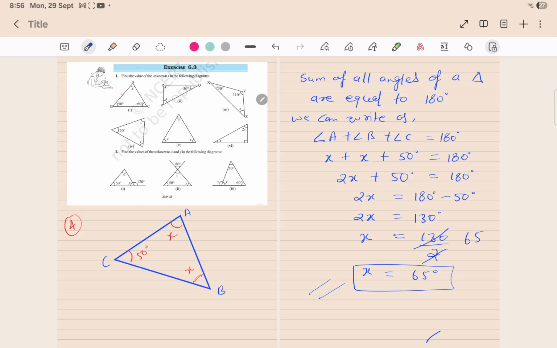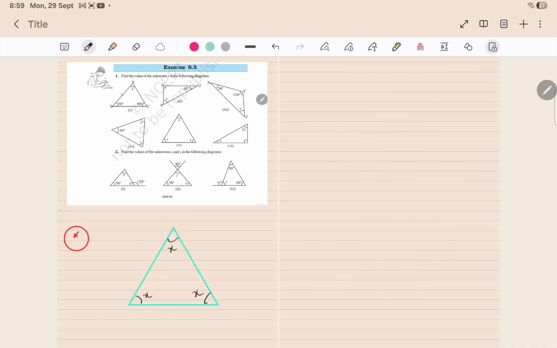Next, we can solve the fifth question. It is just like the previous question.